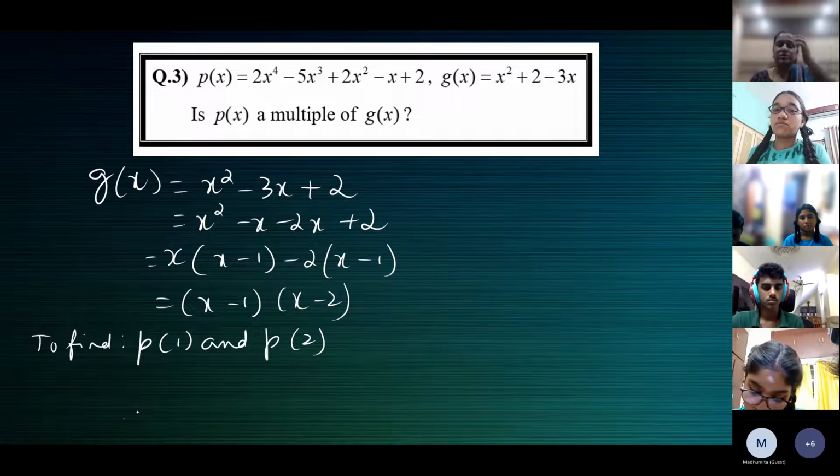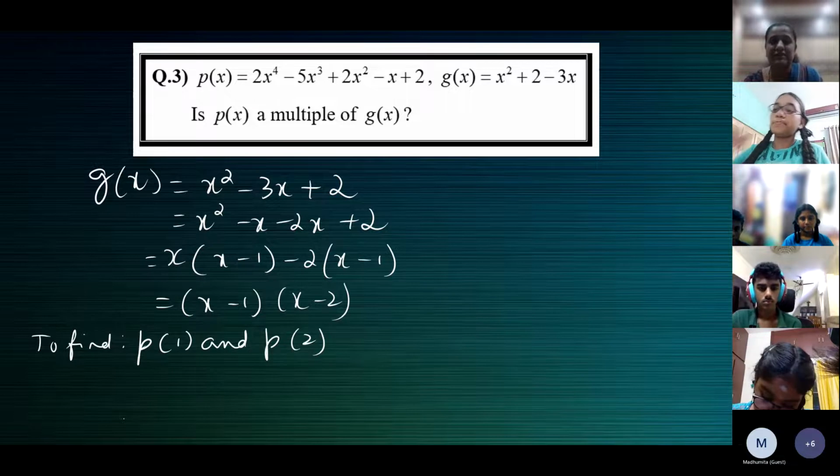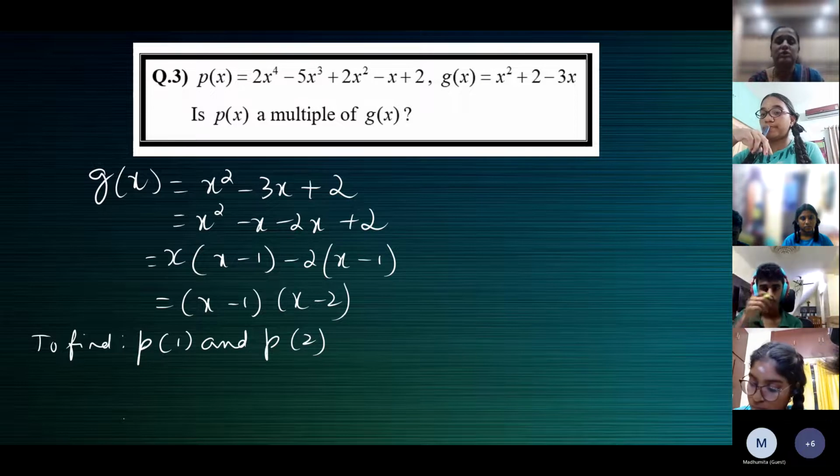To use the remainder theorem, the expression has to be a linear expression. G of x is quadratic. So you will have to find the two linear factors by splitting the middle term.